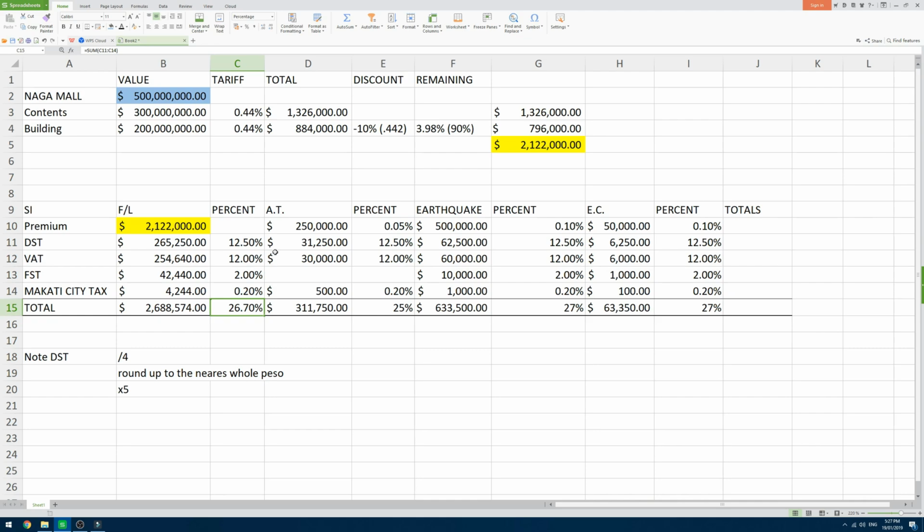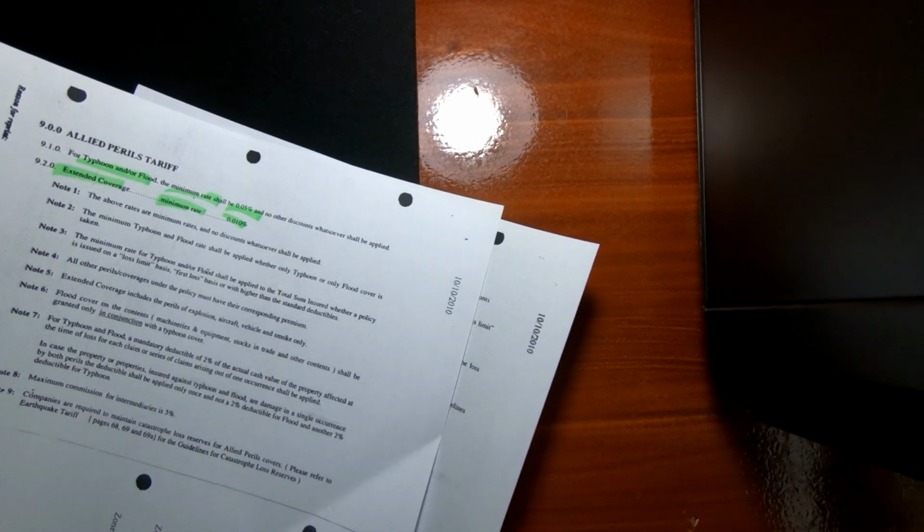Pioneer House Insurance says, sure. So how is it computed? The same as the first one. The premium is based on the total worth of 500 million. That's your basis. And then you look again in the PIRA.